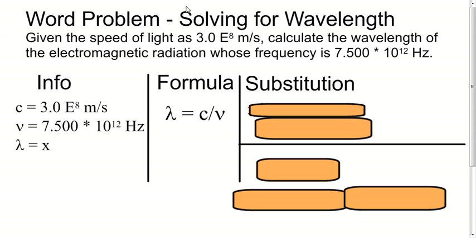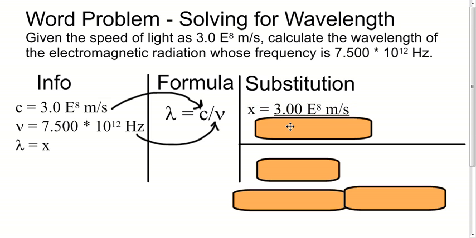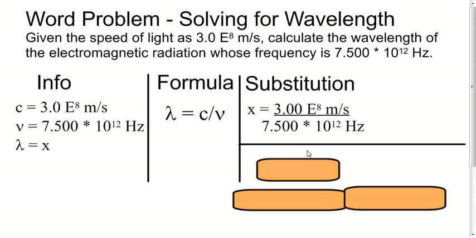And then I substitute in. I plug this into that, and this into that, and I end up with x is that over that. Then I would do the division: divide this number by this number.